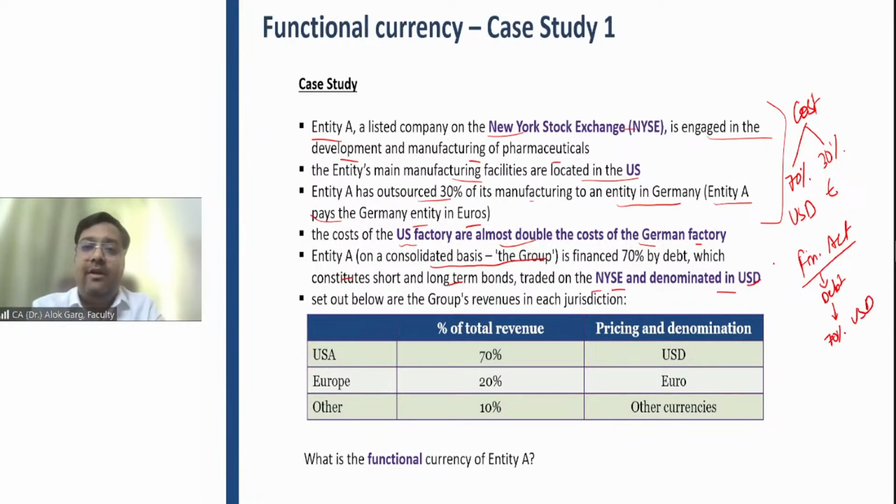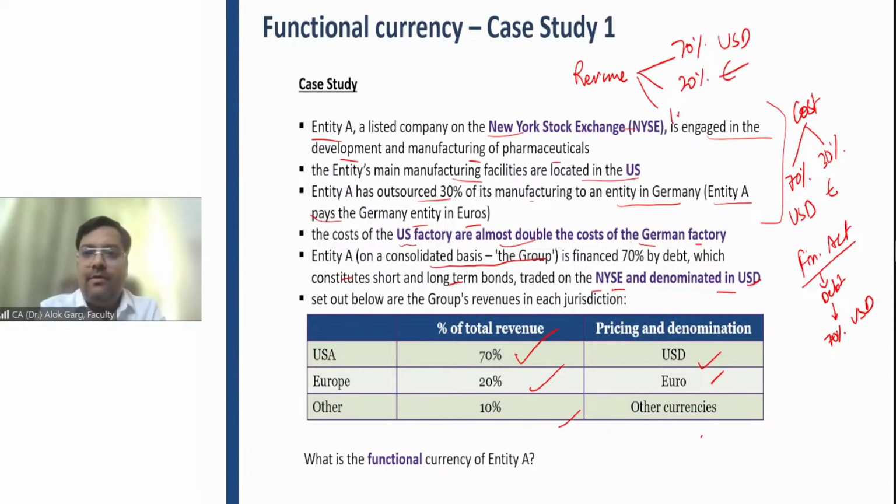Now let's talk about revenue. What is revenue? They have given the revenue number also: 70% of the revenue is in US dollar, 20% in euro, and 10% in multiple currencies. So 70% USD, 20% euro, 10% miscellaneous.